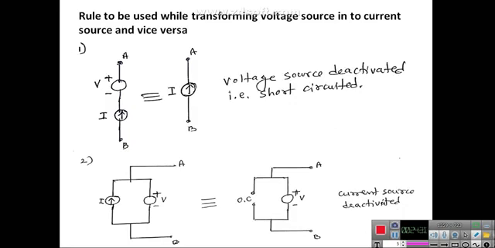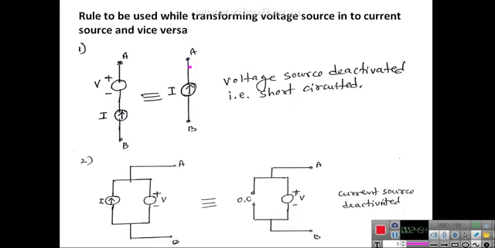Why? Because the current in this branch already remains the same irrespective of the voltage, so this voltage source will not affect the current delivered by the current source. That's why this voltage source is deactivated, or you can just call it a short circuit.